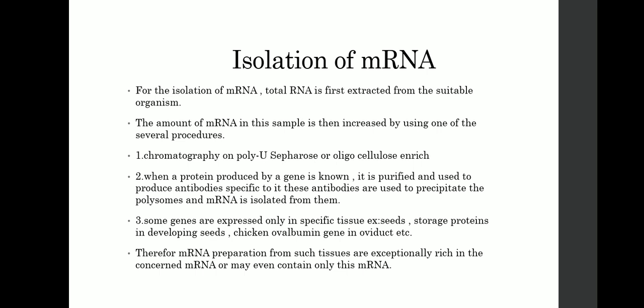For the isolation of mRNA, the total RNA is first extracted from a suitable organism or tissue, and the amount of desired mRNA in this sample is then increased by using one of several procedures.